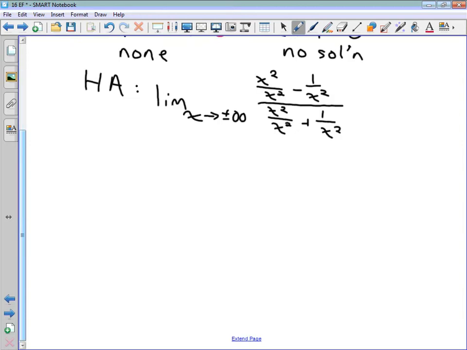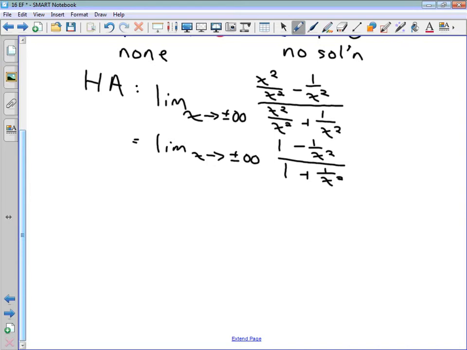If I simplify this a little bit, I get the limit as x goes to positive or negative infinity of 1 minus 1 over x squared, over 1 plus 1 over x squared. Those 1 terms aren't going to change as we change the value of x, so they just stay as 1s.